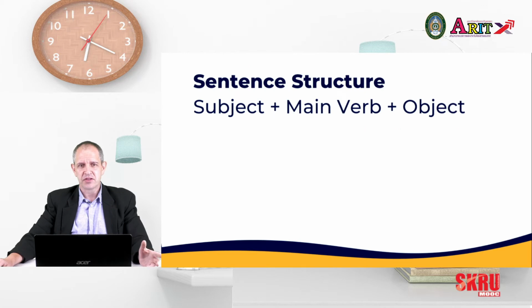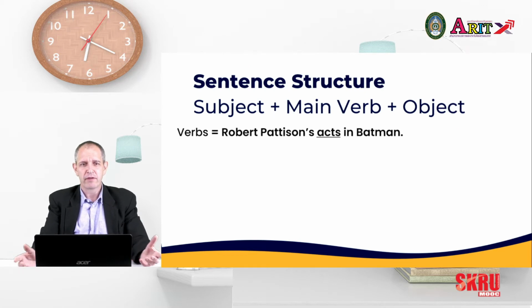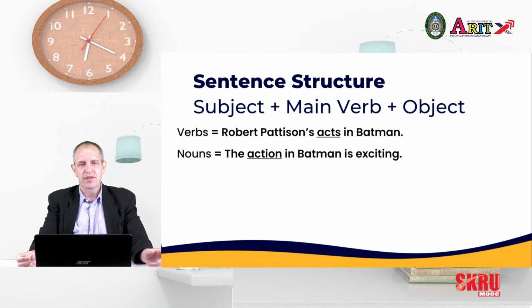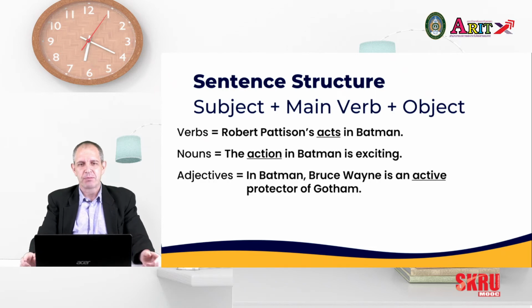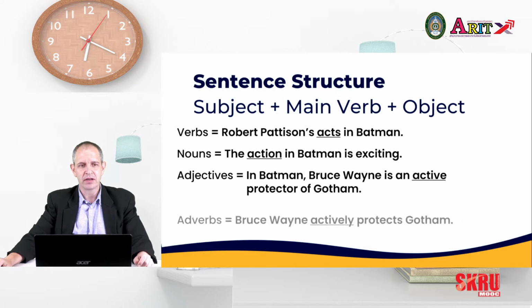So again, sentence structure. Looking at our verb act: Robert Pattinson acts in Batman. As a noun: the action in Batman is exciting. As an adjective: in Batman, Bruce Wayne is an active protector of Gotham. So active modifies protector.